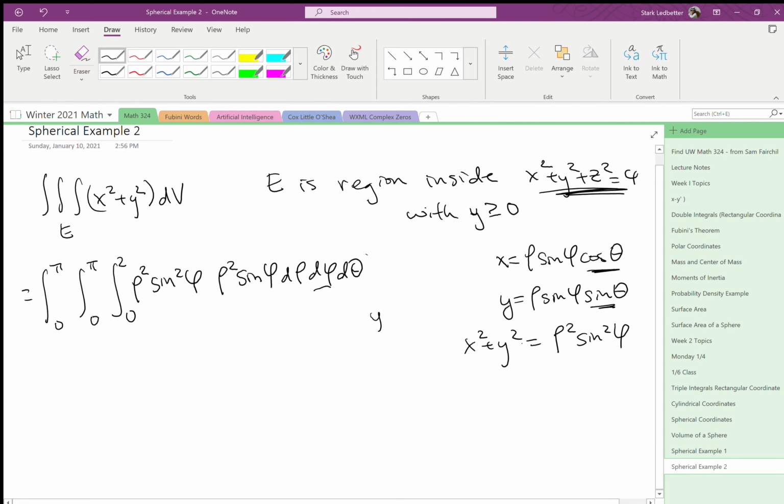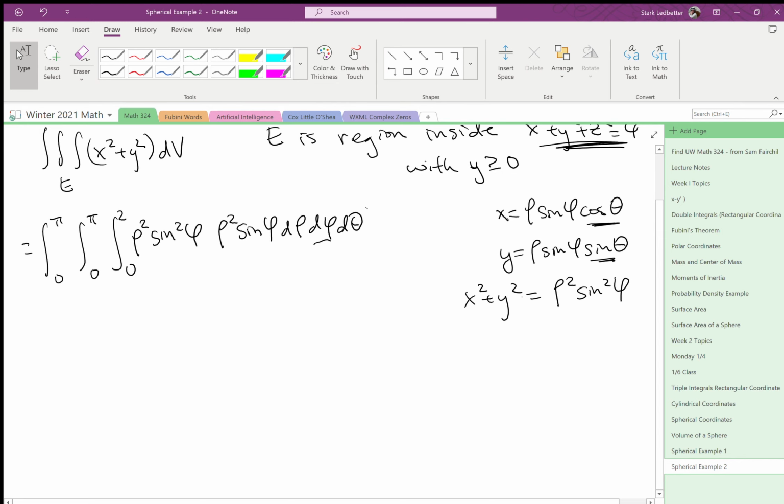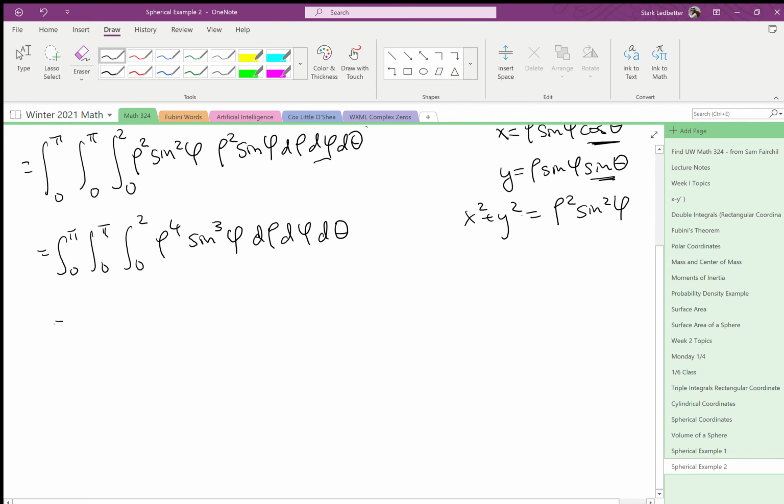Okay, let's see what happens here. So let's collect everything. 0 to pi, 0 to pi, 0 to 2. This is rho to the 4th sine cubed phi d rho d phi d theta. And then rho to the 4th integrates to rho to the 5th over 5.